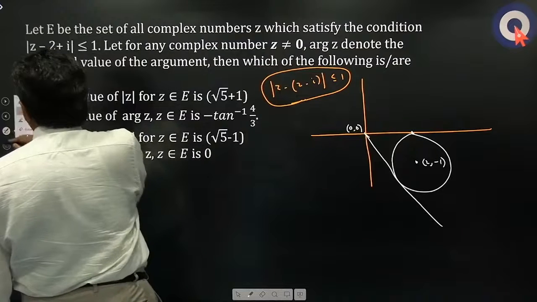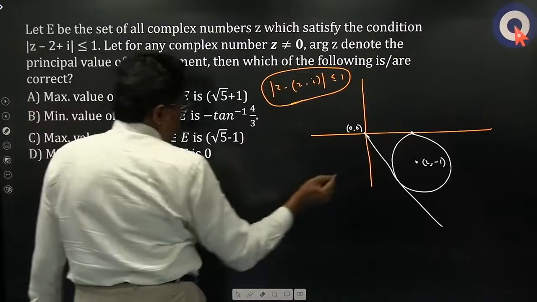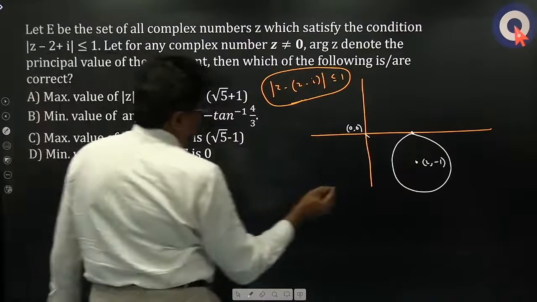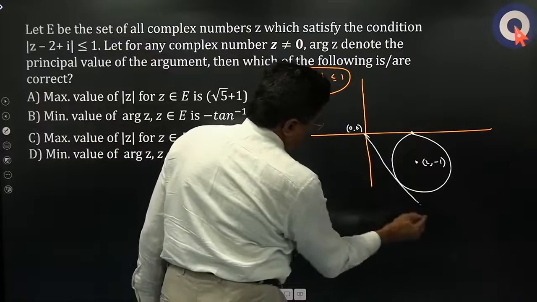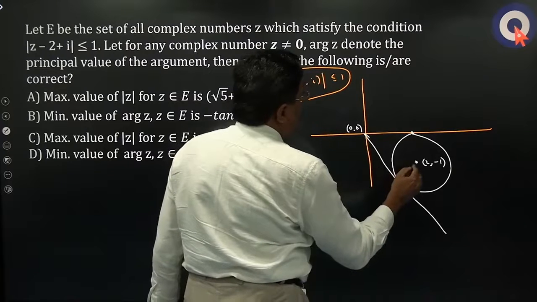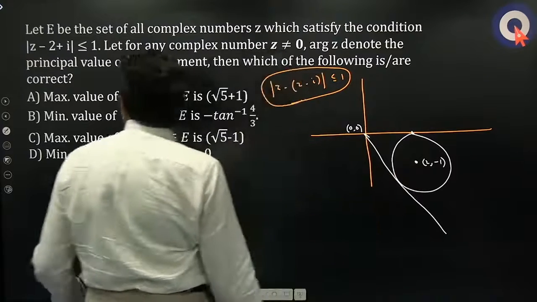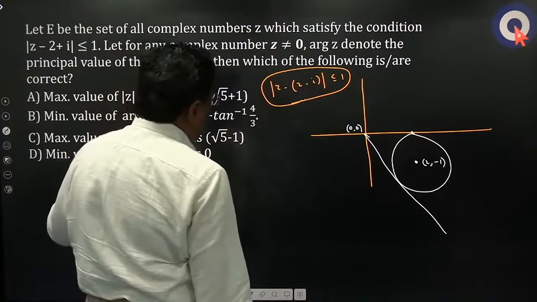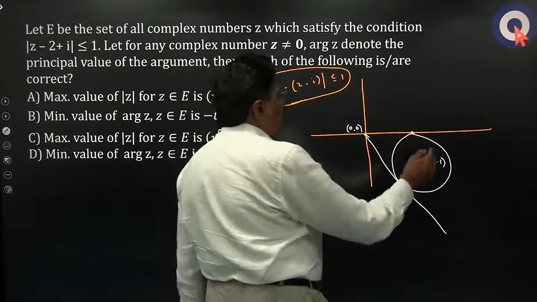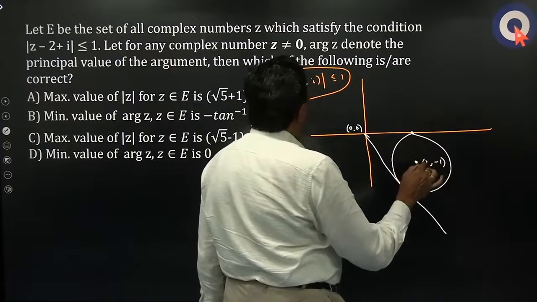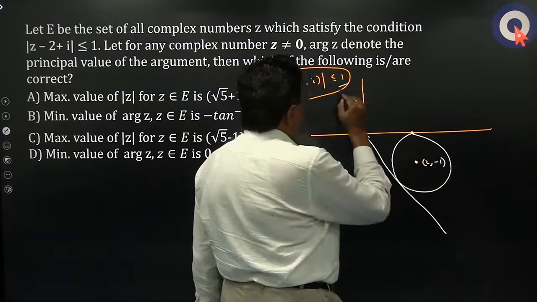So that's the issue. All right, we'll adjust with that. So now we have to look into these options. So maximum value of mod z, etc. So z can be anywhere within the circle, center at 2 comma minus 1 and radius 1 unit.